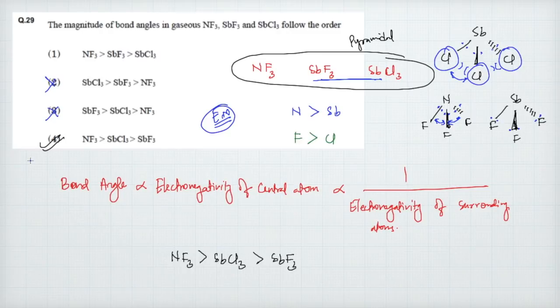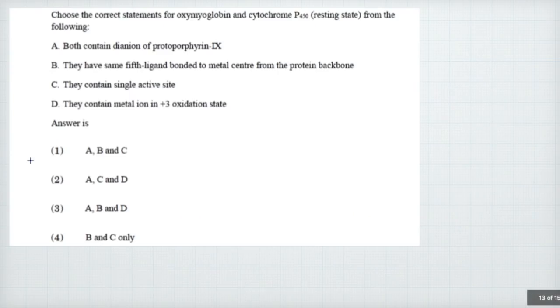Let's go to the next question then. The question says: choose the correct statement for oxymyoglobin and cytochrome P450 resting state, where both of them are in resting state. There are 4 statements given to you.